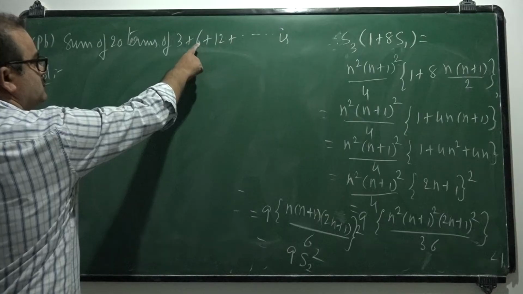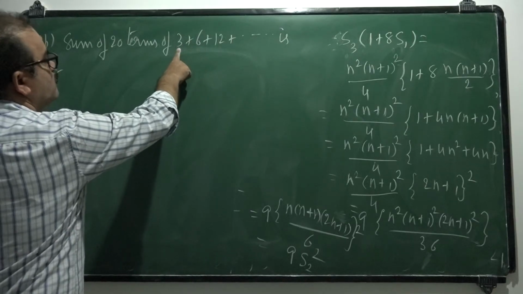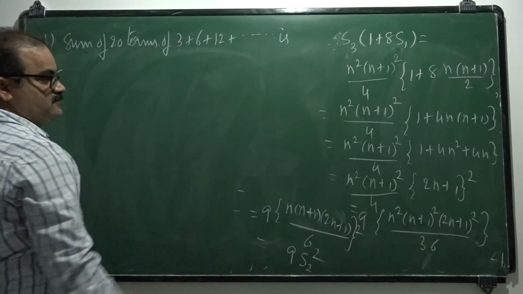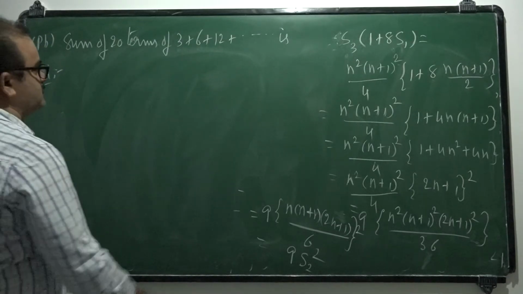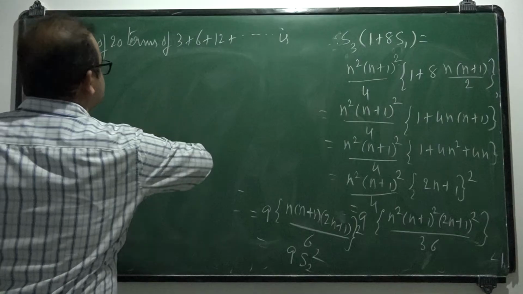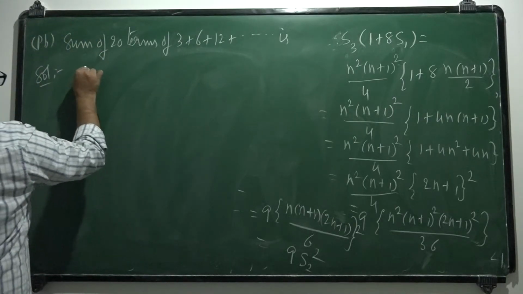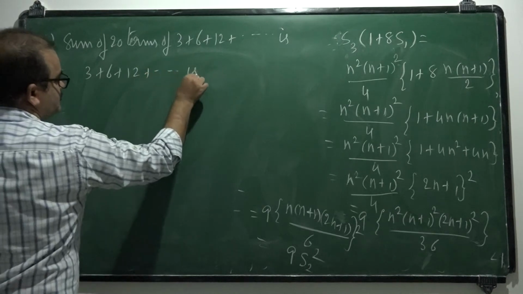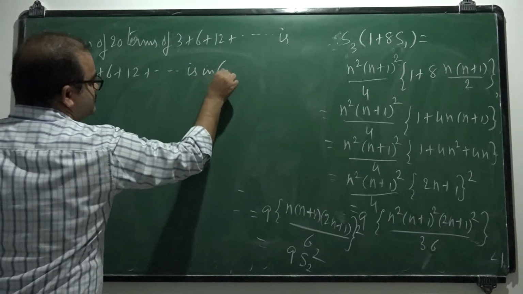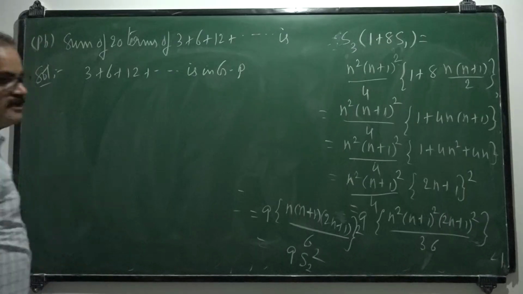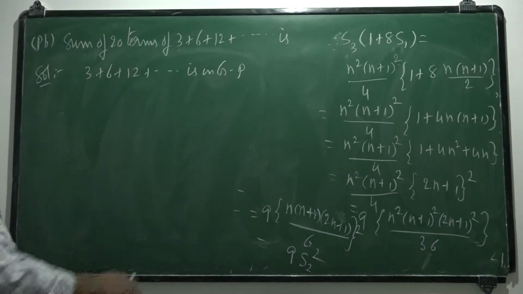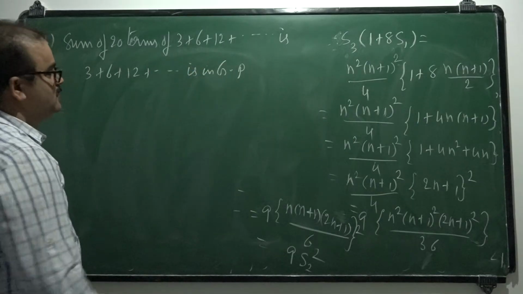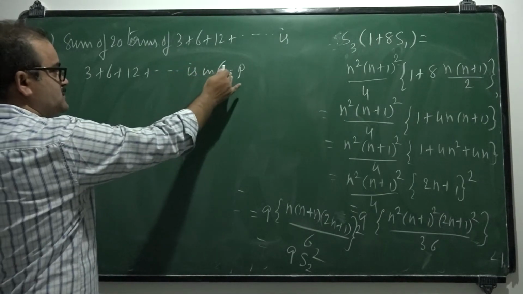Take the ratio, 6 by 3, 2, 12 by 6, 2. Here ratio of successive terms is constant. So this series is in geometric progression, not in arithmetic progression. If the common difference is constant, then that is in AP. If common ratio is constant, that is in GP.